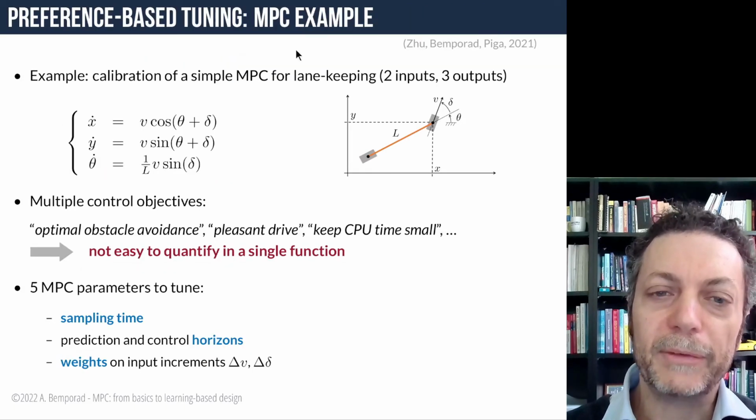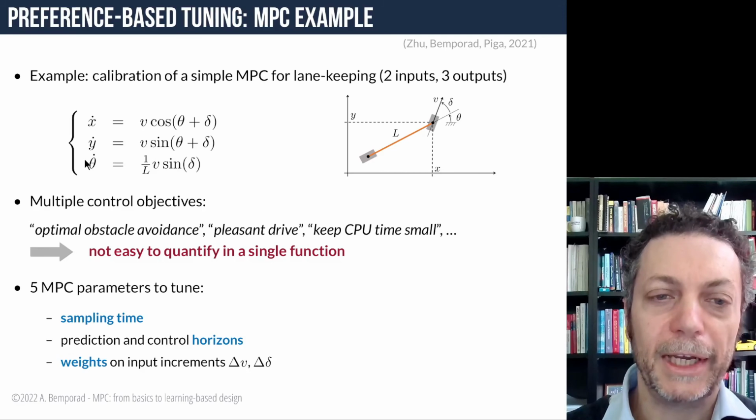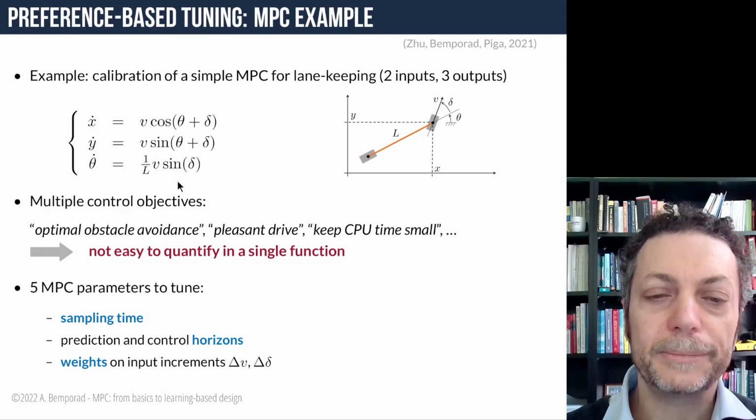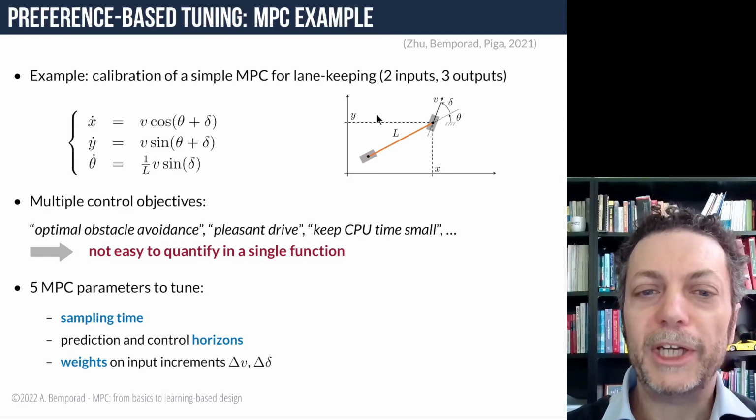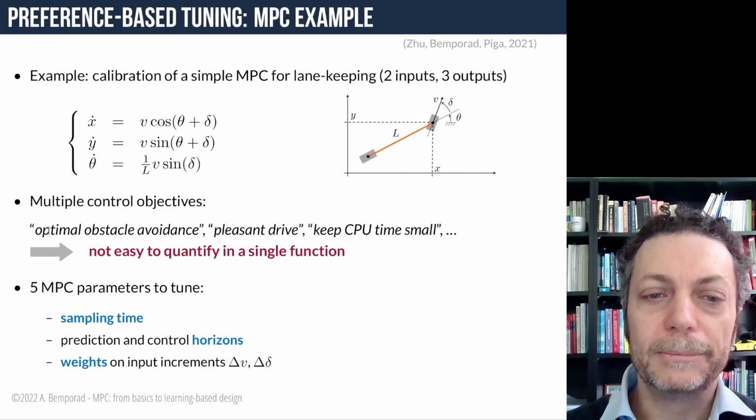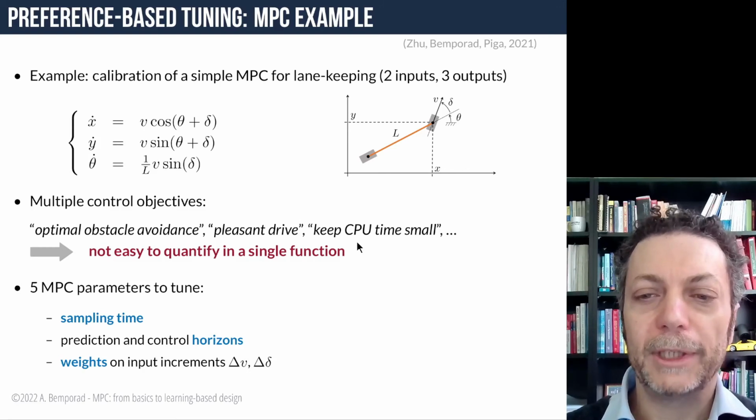So in the paper, we have tested this to calibrate a simple lane keeping controller based on a kinematic model in X, Y Cartesian coordinates and orientation. The objectives that the calibrator has in mind are to avoid obstacles optimally, have a pleasant drive, and also have small CPU time.